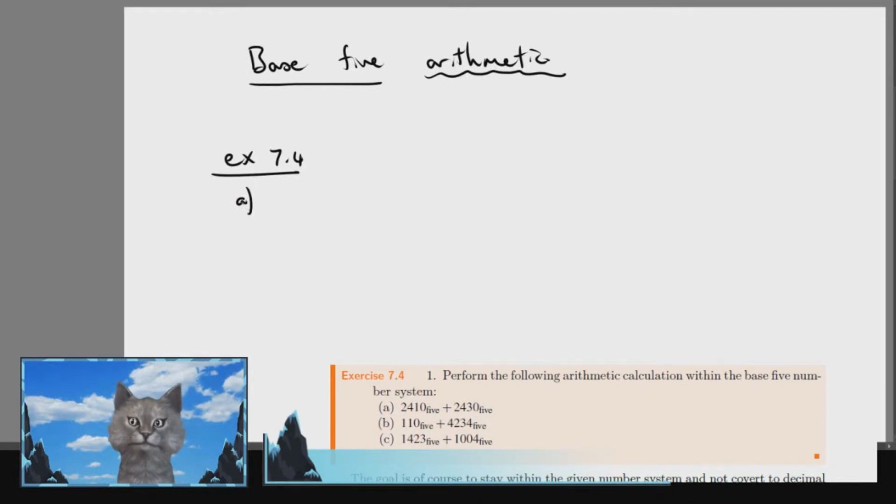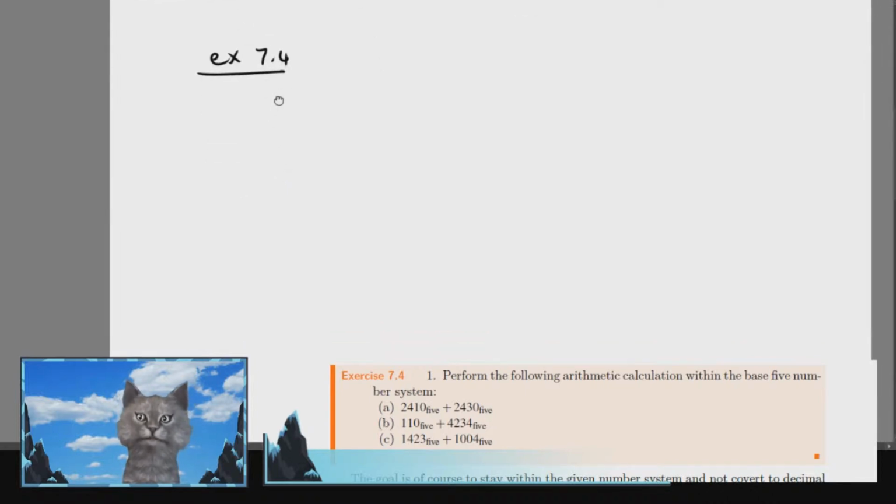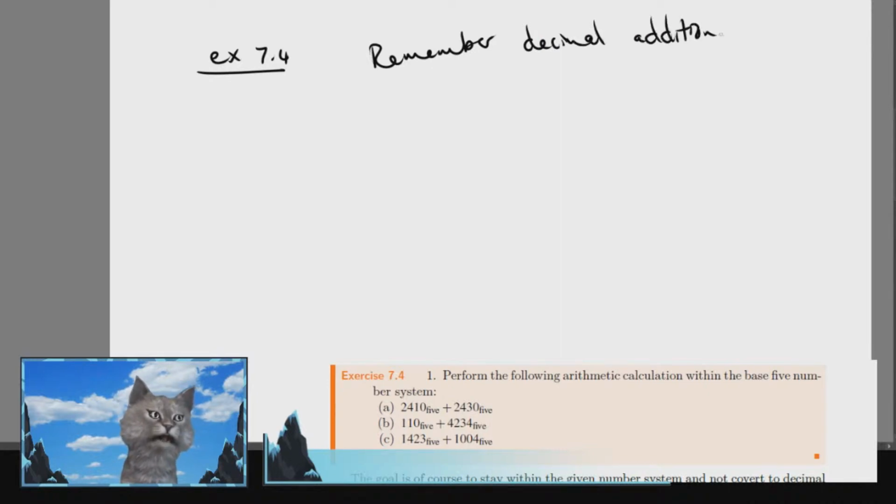First I have to remember, let's backtrack a little bit. Let's remember our way of adding in the number system that we grew up with. If I, for example, have 217 plus 529, how did we do that? Well, the first thing we learned was right to left.